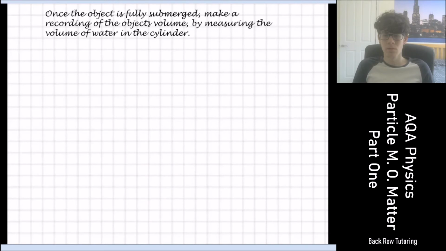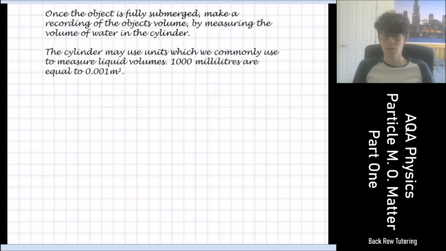Once the object is fully submerged, make a recording of the object's volume by measuring the volume of water in the cylinder. The cylinder may use units which we commonly use to measure liquid volumes. 1000 millilitres are equal to 0.001 metres cubed.